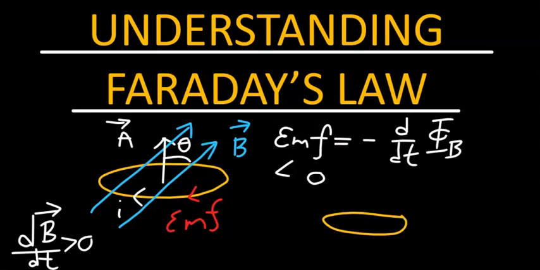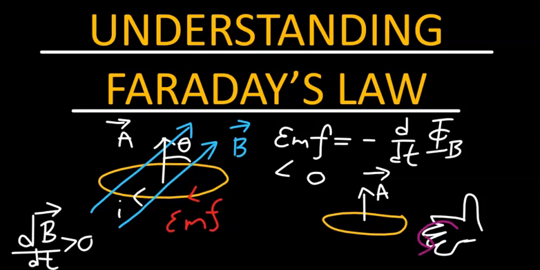Let's look at that loop. So that is the area vector. Let's grab this loop with your right hand, pointing your right hand thumb along the area vector, like that. A positive EMF is defined by the direction of this curl. So if the EMF is going like that, that means it's positive EMF.